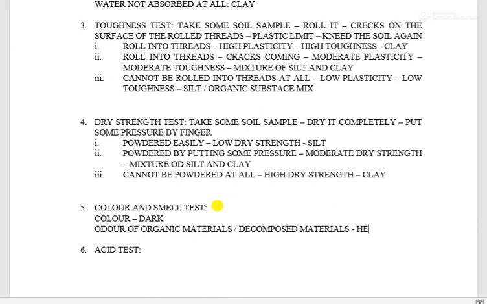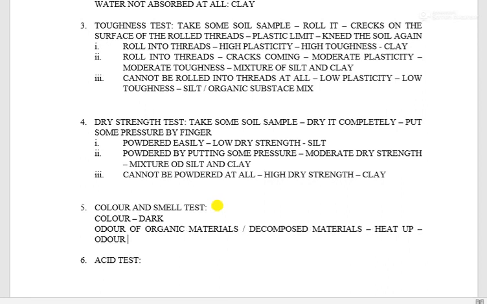If you heat up the soil sample, then this odor will intensify. This is the way you have to conclude if there is some organic material in the soil, or the soil is of silt material. Okay.